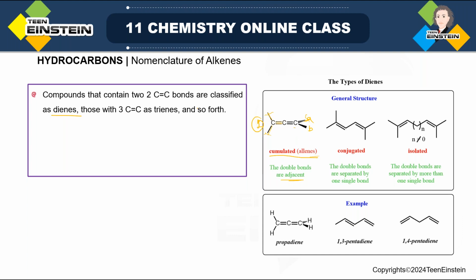Now why is it so? Because if you have considered this pi bond here, suppose it is on the plane of the screen, but when the middle carbon is using its pi orbital, the other unhybridized p, which is present in the middle carbon, will be overlapping with the second carbon's p in this way.